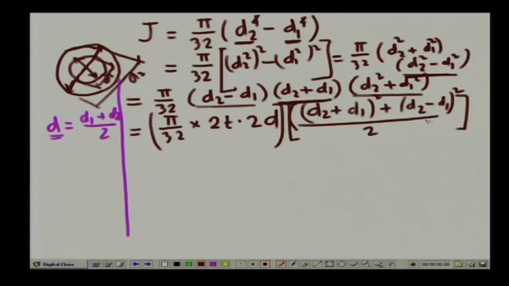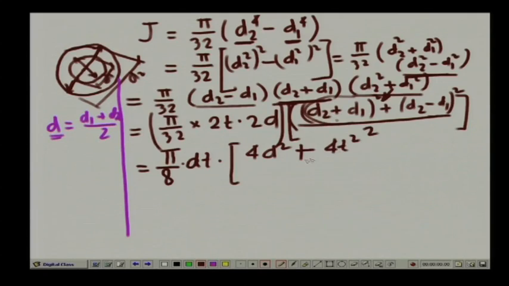Again, by writing the d2 square plus d1 square term in this form, d2 plus d1 we can write as twice d and d2 minus d1 we can write as twice t. So, 2 into 4 gets cancelled with 8, and this is π divided by 8 times d times t multiplied by, for d2 plus d1, twice d, and twice d squared means 4d square, plus d2 minus d1, which is twice t, so 4t square, divided by 2.